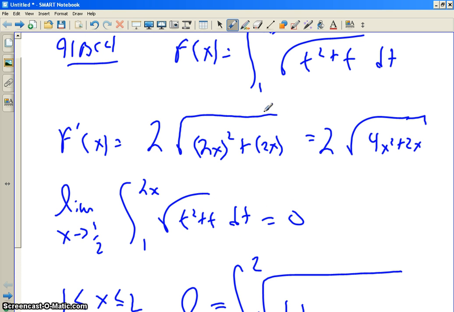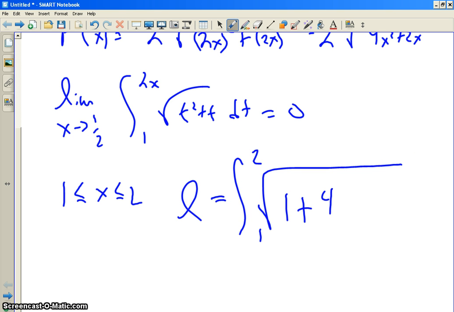But didn't we get the derivative up here? Square this thing. What do you get? 4 times, then the radical goes away. What's inside, right? So let's write that. 4 times 4x squared plus 2x dx.